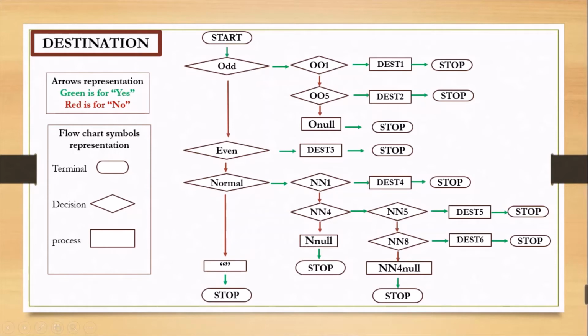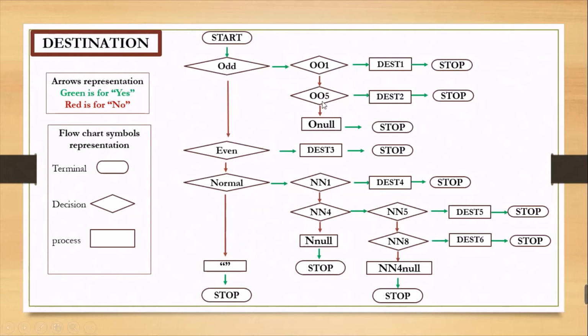In the process of creating the if function, we check if the route type selected was odd. If odd, then we check the step. Is it 001? If yes, we take destination 1, then the process stops. If not 001, it checks if it's 005.